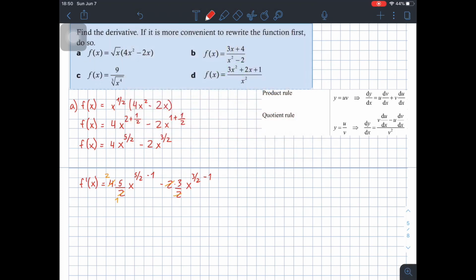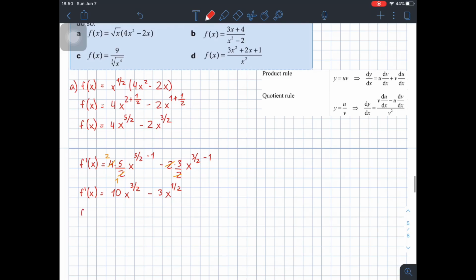So we're going to have that f prime of x is equal to 10 times x to the power of 3/2, minus 3 times x to the power of 1/2, right? And this would be the derivative, okay?